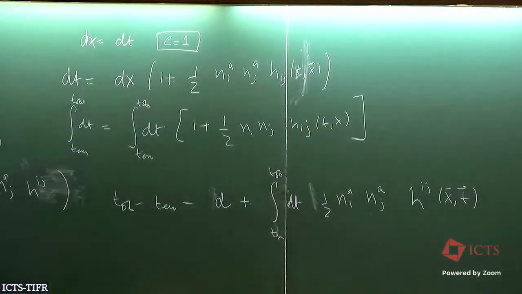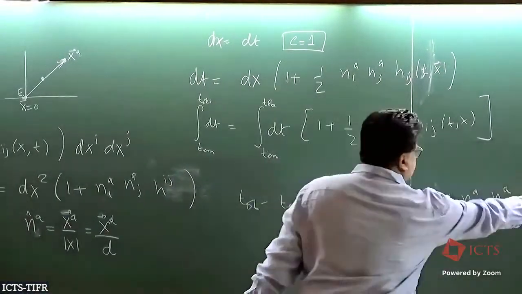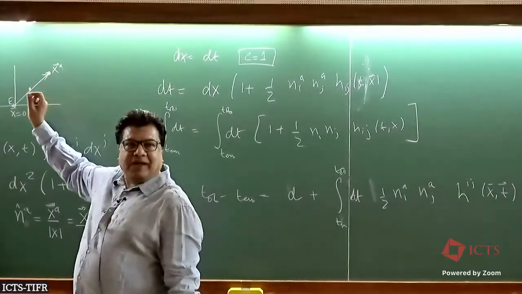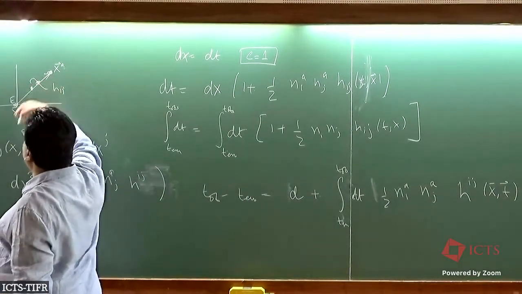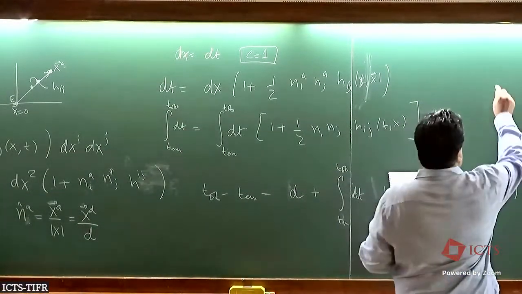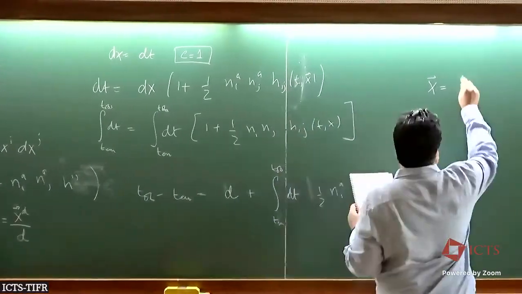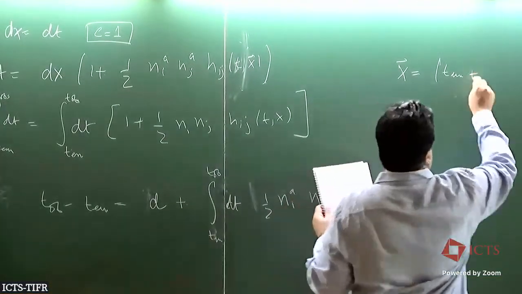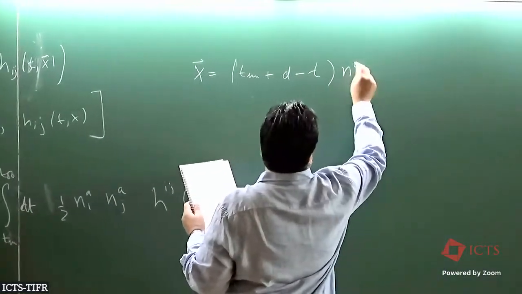This xa is a fixed number, but this x is a variable. So this x goes from 0 to xa, and we are looking at the Hij on this path. So basically that means that my x here is related to t, and that is t emission plus d minus t na.